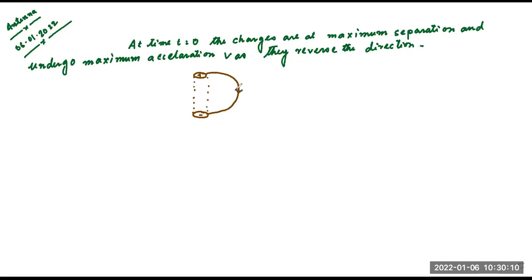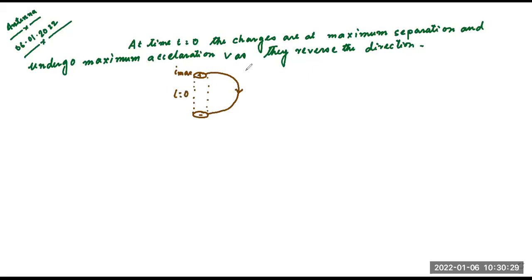This is the arrow sign of the electric field. This is the current, maximum current, so I write I max. I equals 0 at this time.